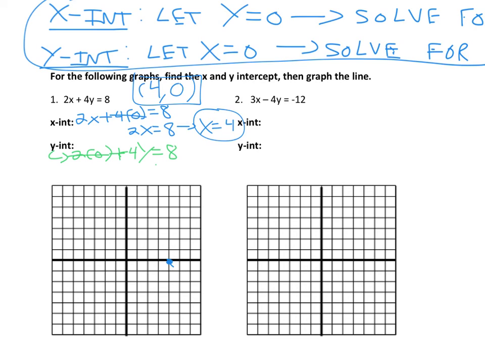If 4y equals 8, when you divide by 4, you're going to get y to equal 2. So for the y-intercept, the ordered pair is 0, 2. So if I were to graph that, 0, 2, 2 is my y-intercept, I just go up 2, and I just get that point right there. So right there, I'm going to put a green dot.